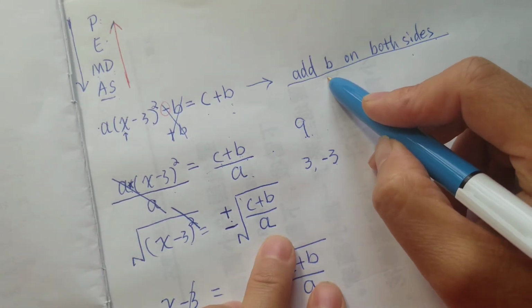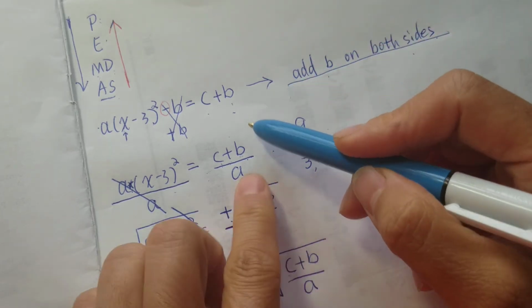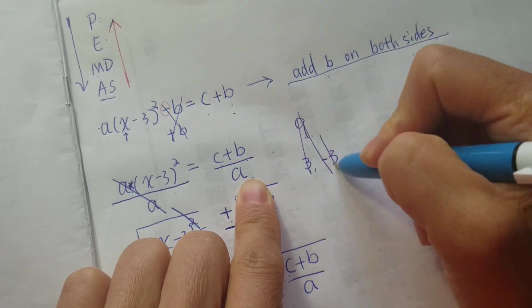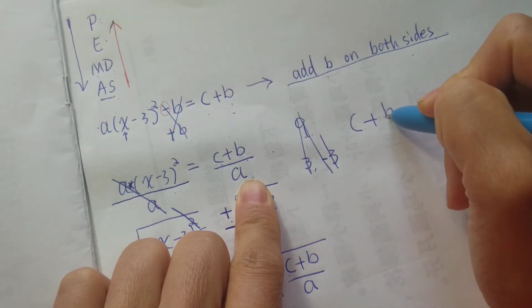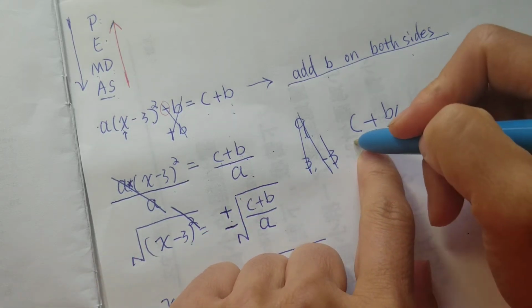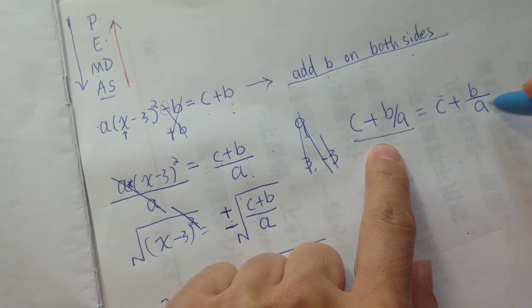Or if you really want to type in something like this, now, let's look here. If you just type in c plus b over a, which is wrong, why? This will equal c plus b over a.